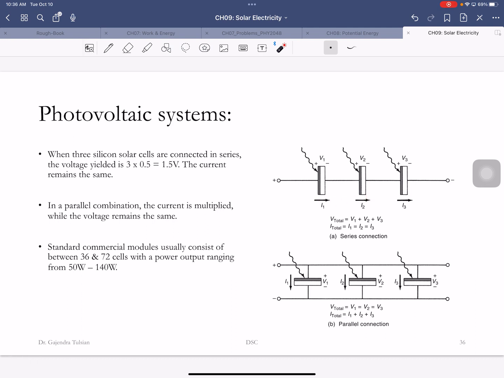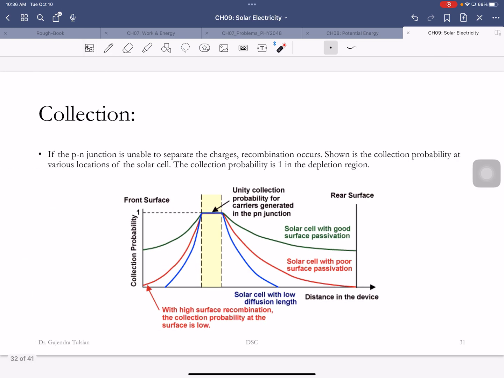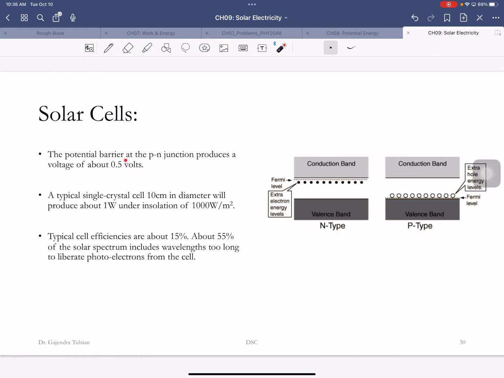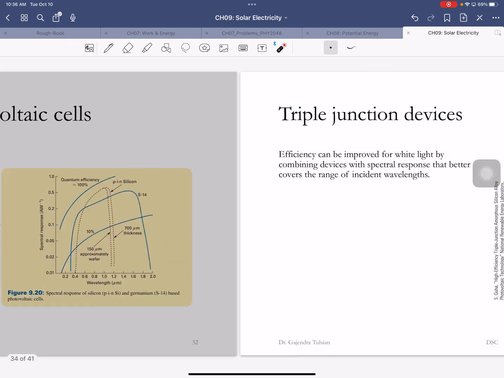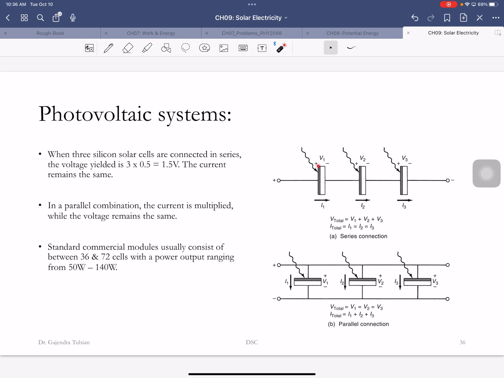So here's photovoltaics connected in series. The voltage across the p-n junction, that permanent electric field, creates about half a volt. So if you connect 3 panels in series like this, you get 1.5 volts.